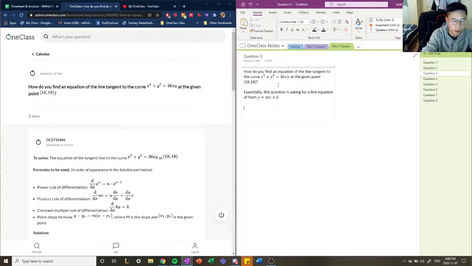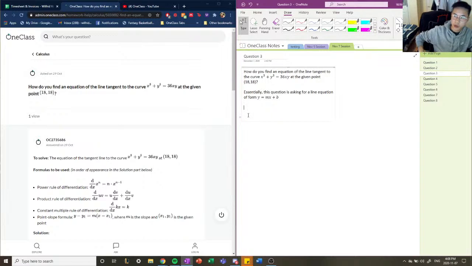So for example, if we were to do this question, we would have to isolate for y. But as you can see here, it's pretty complicated to isolate for y, and it is actually very complicated to differentiate explicitly by isolating for y, right? Let's say, for example, I write our original function here, and I'm going to isolate for y. We're going to need to do this first of all, and we're left with this messy equation.